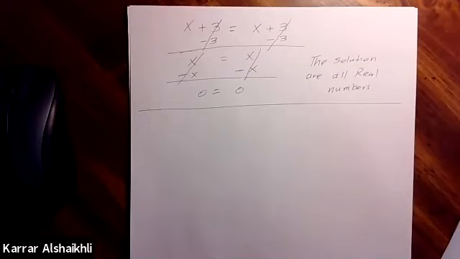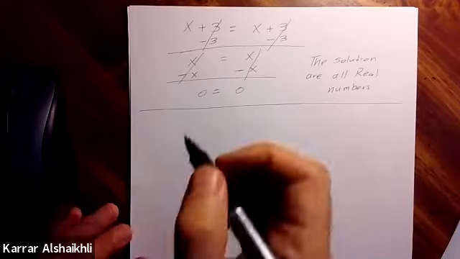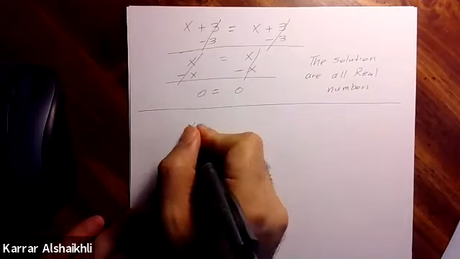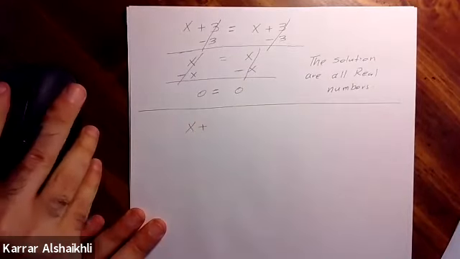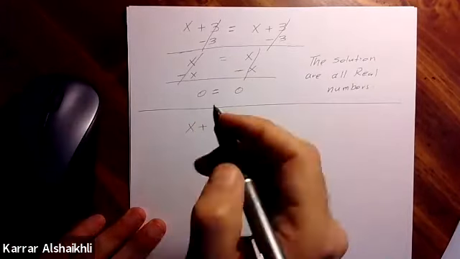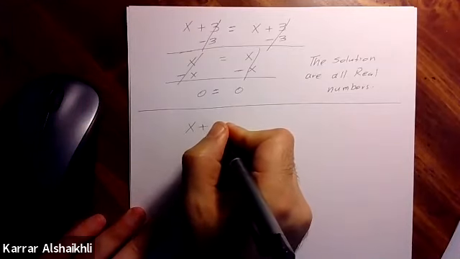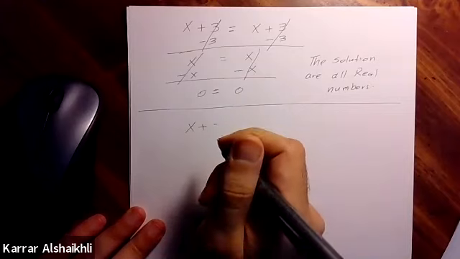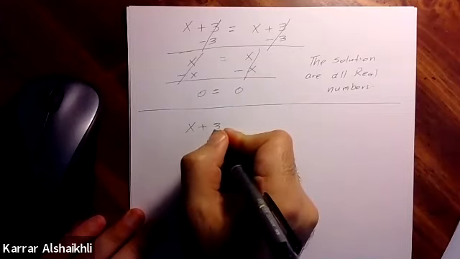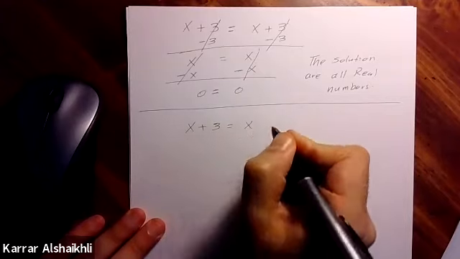About how it's going to be the contradiction, if we have the same thing, let's do x plus 3 equals x minus 5.